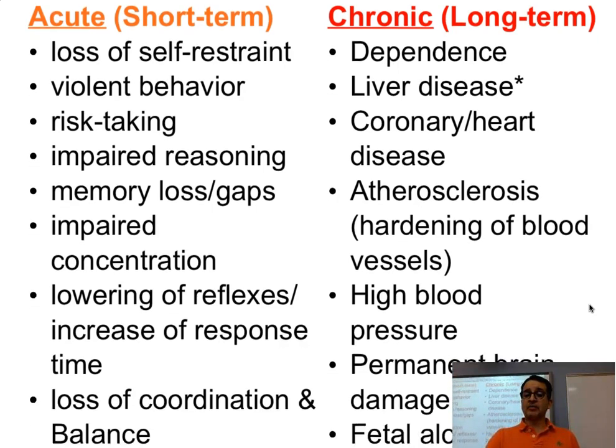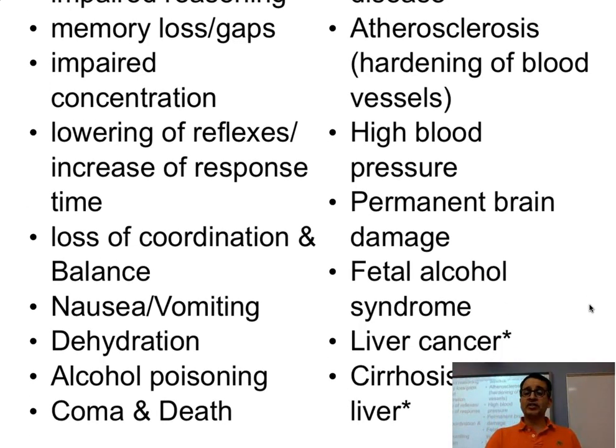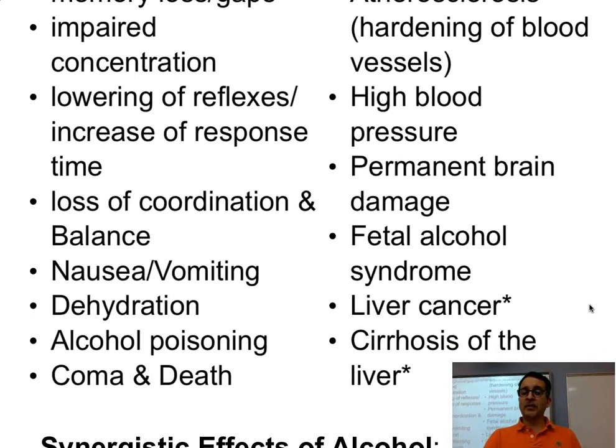Because of that, it can cause high blood pressure and several different diseases in your liver, including cirrhosis and cancer. If you drink during pregnancy, it can cause fetal alcohol syndrome. And because this continues to act and attack your brain, chronic abuse of alcohol can cause permanent brain damage.